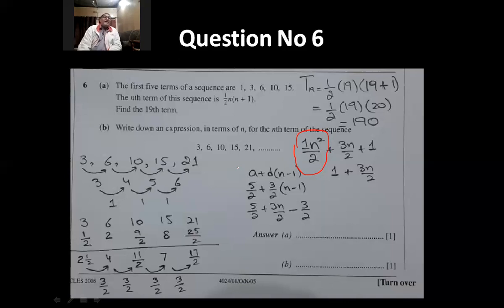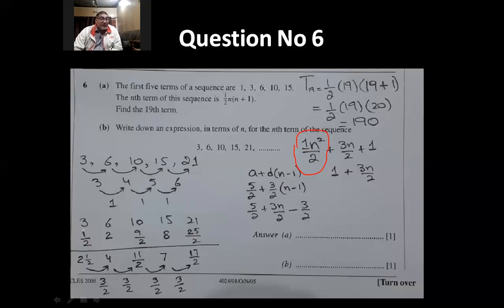When I put 1 in the place of n, I get 1 by 2. When I put 2, I get 2. When I put 3, I get 9 by 2. When I put 4, I get 8. And when I put 5, I get 25 by 2.